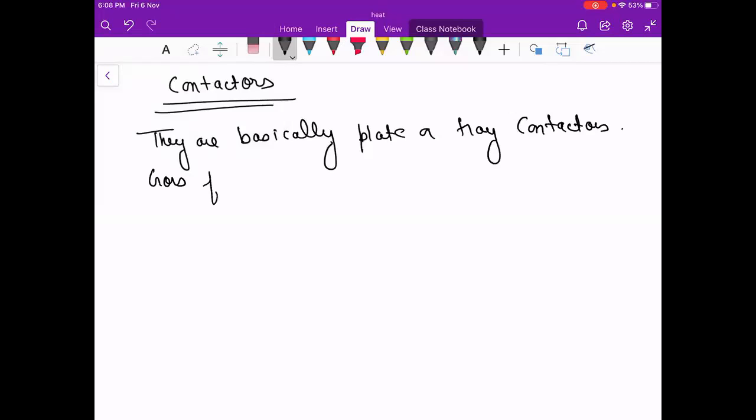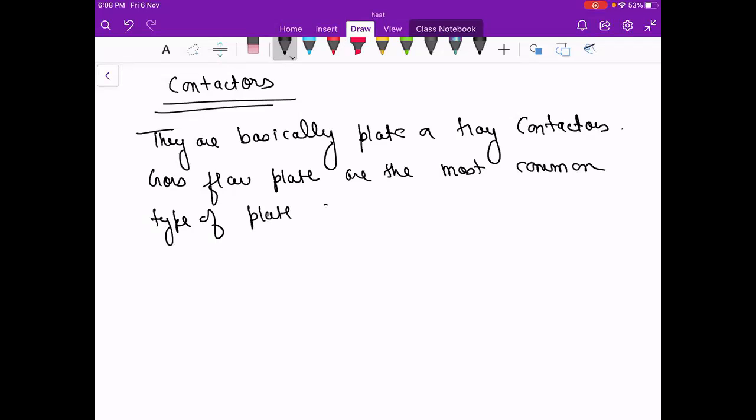Cross flow plates are the most common type of plate contactors used in the distillation column.